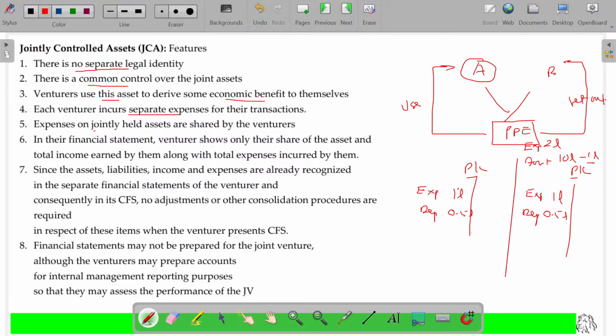A uses it, so definitely there will not be separate revenues generated here. As they are using it, they may save the expenses. If A doesn't hold the PPE, they may buy it from outside or may get it on rental also. So now rent is reduced.